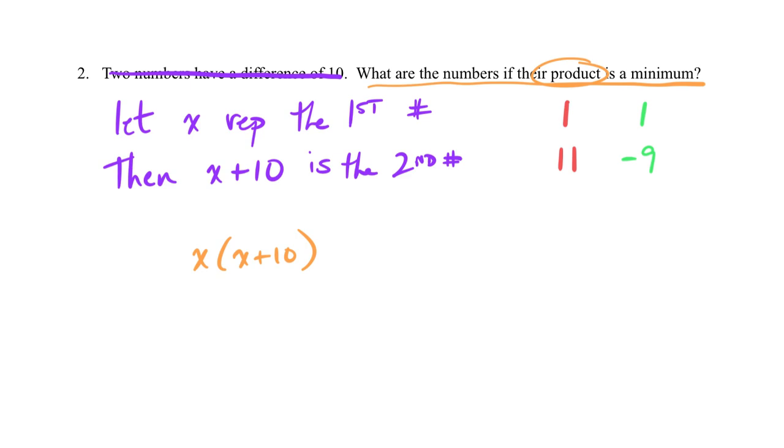Where we could struggle a little bit is we're going to want to say that's equal to what? The problem doesn't tell me that the product equals 12. It doesn't tell me what the product is. I have to find the numbers if the product is a minimum. So that's what I'm really looking for, a minimum.